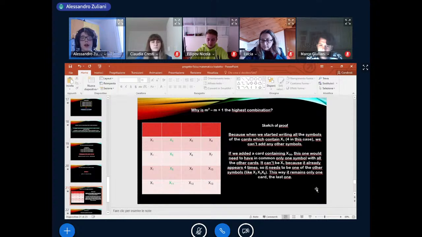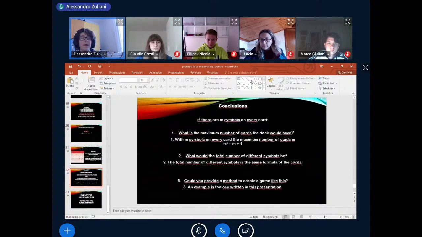It can't be x1 because it has already appeared 4 times. So it needs to be one of the other symbols like x2, x5, x8. But this way, it remains only one card, the last one, which didn't have any symbols in common with the card which contains the symbol x14.